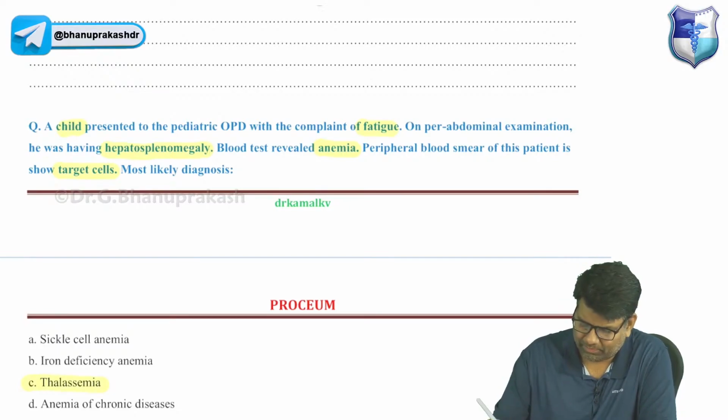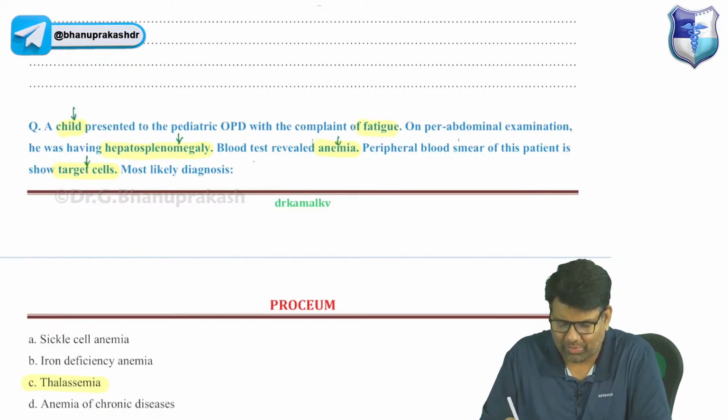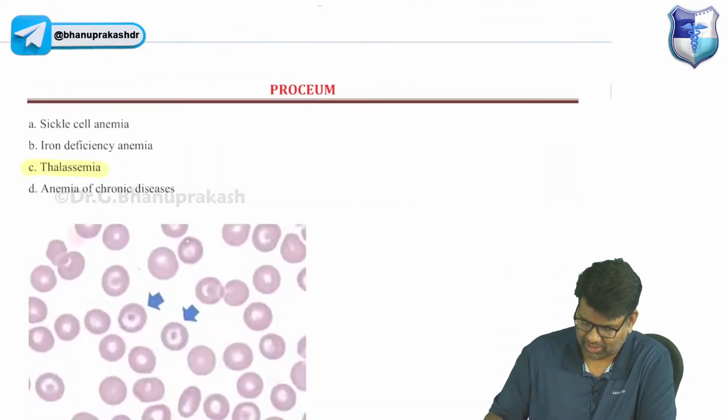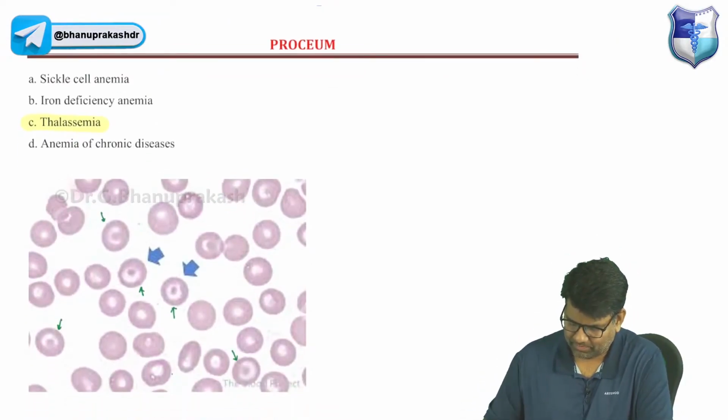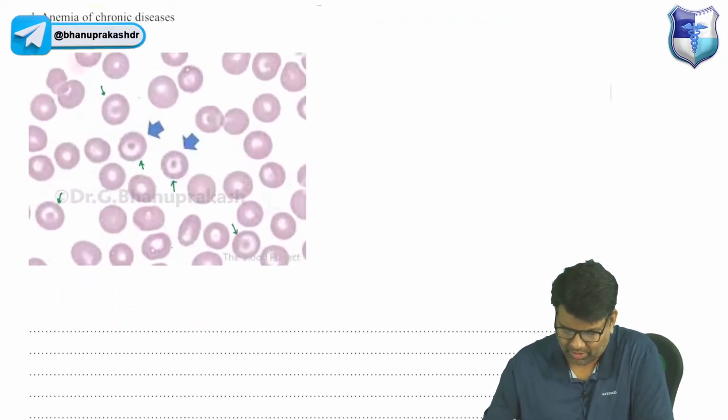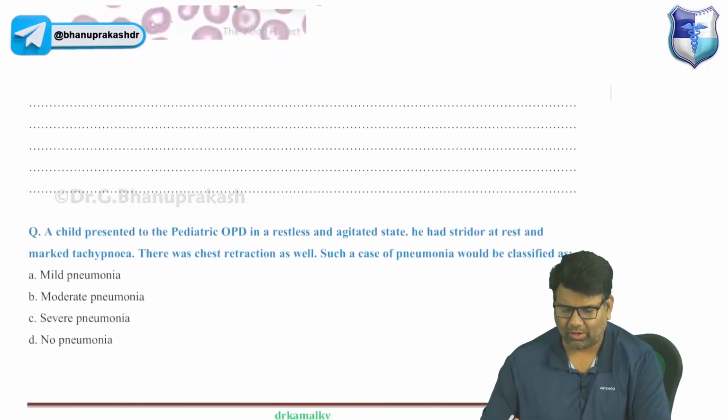So you can see enlargement of spleen with anemia in a child and target cells on peripheral blood smear, that is thalassemia. So if you can see, these are the target cells. These are the target cells.